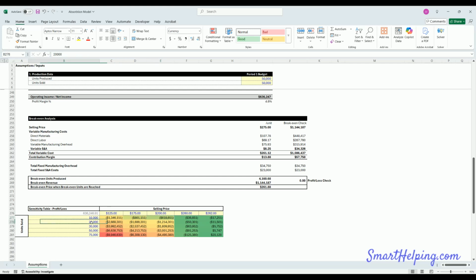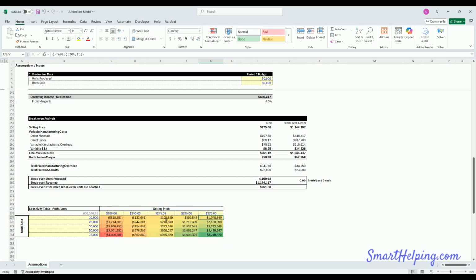Here, if I sell 20,000 units, we're losing even more the more units we sell at 125 and 175 and 200 because these are all you're selling for lower than your contribution margin. So let's say 200, 250, 275, 325, 375.